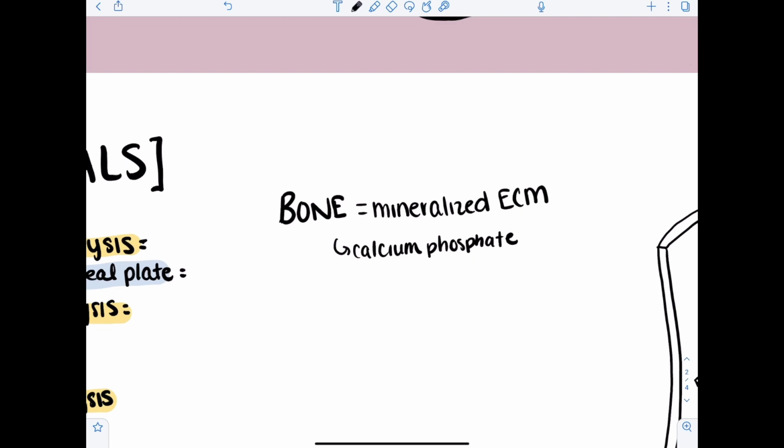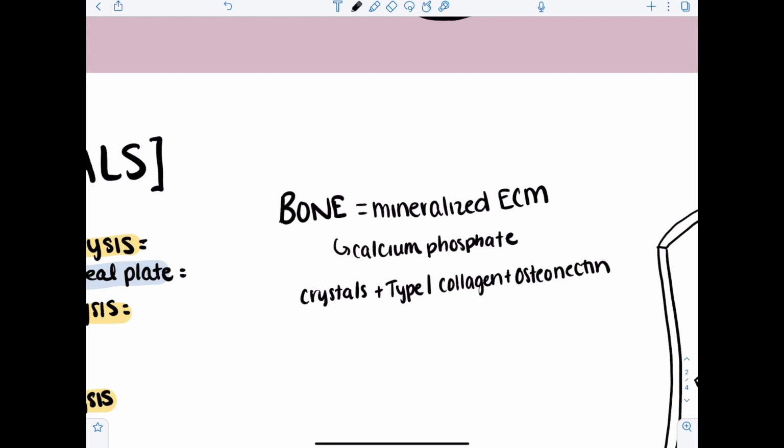But basically what you have is these crystals plus collagen fibers, specifically type 1 collagen fibers, plus this thing called osteonectin. Osteonectin is like the glue that holds the crystals and collagen together.